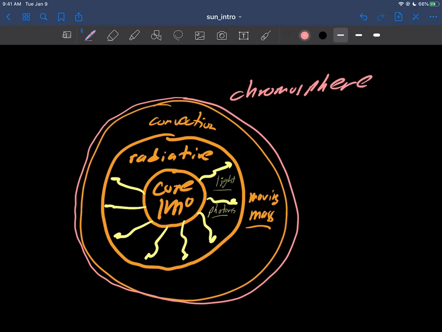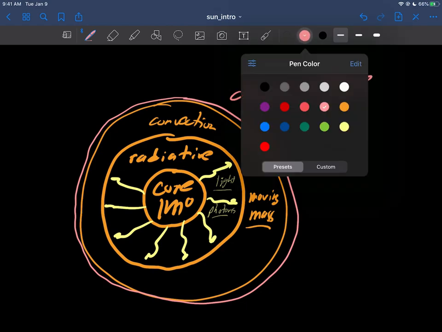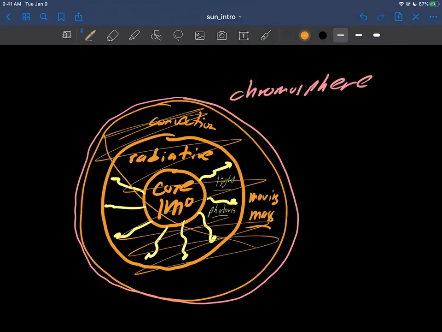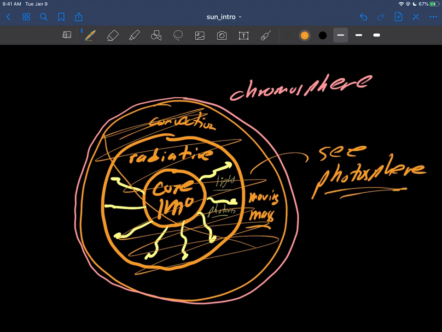And then I was just going to say, as a conclusion for last time, the easiest one is the whole big surface here that you see. That's the photosphere. That's the part that you see. So if you want to think about it as the big orange hot ball, that's the photosphere, and probably the word photo is your best clue in there, because you can see photography or photographs, and you can also see the photosphere.